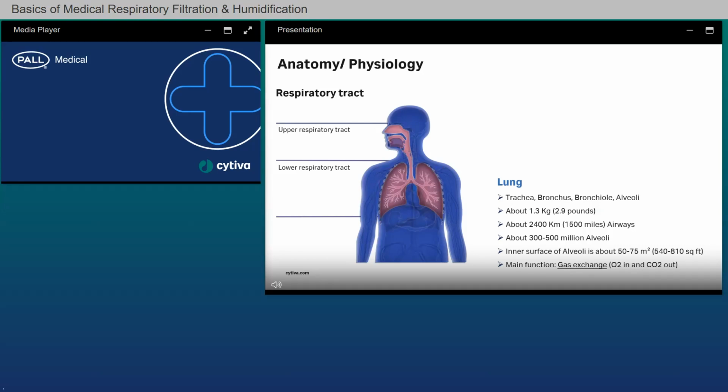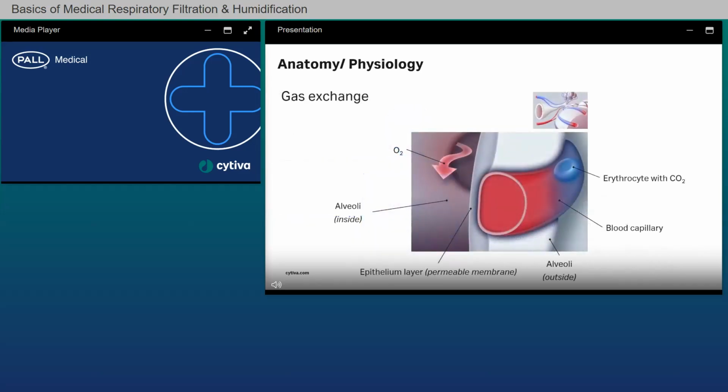If you would connect all the bronchioles branches into one lung string, it would be about 2,400 kilometers long. And at the end, you have roughly 300 to 500 million alveoli. If you add up the surface of the inner alveoli, it would end up to about 50 to 75 square meters of gas exchange, which is the main function of the lung.